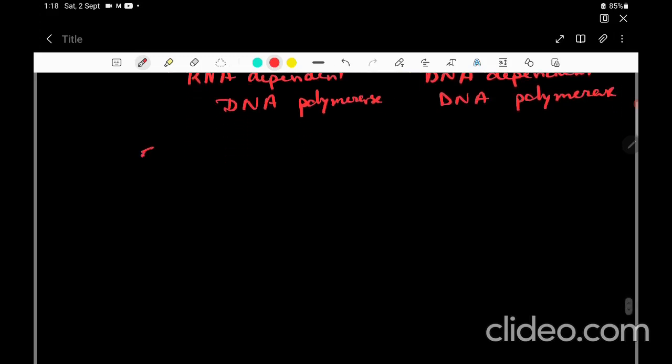The final step of the life cycle, actually it's not infection but life cycle, is that complete virions are formed.